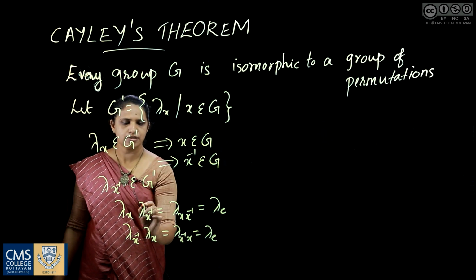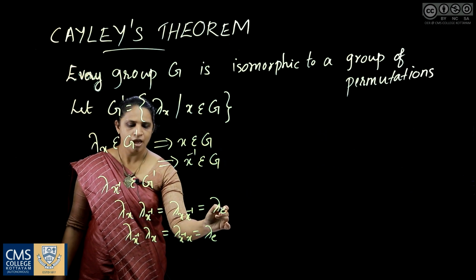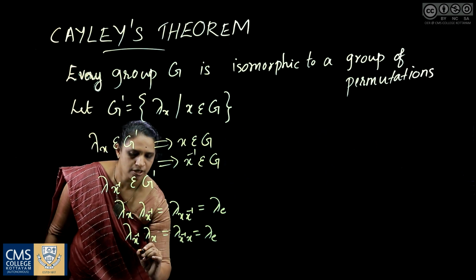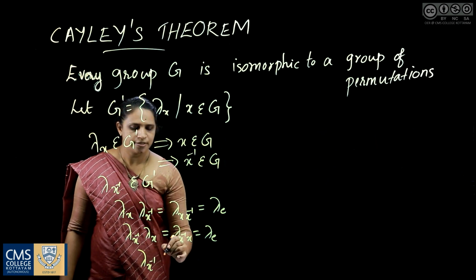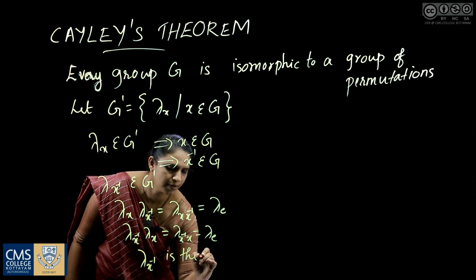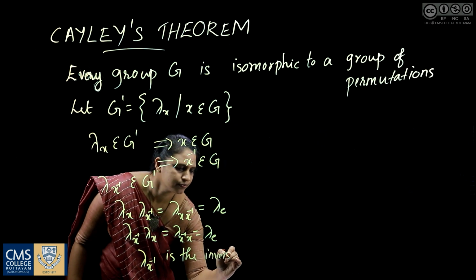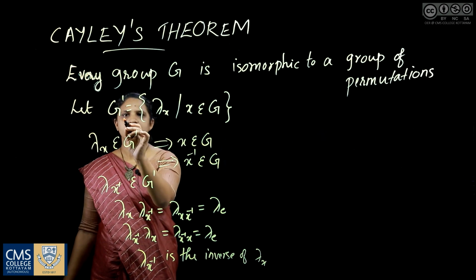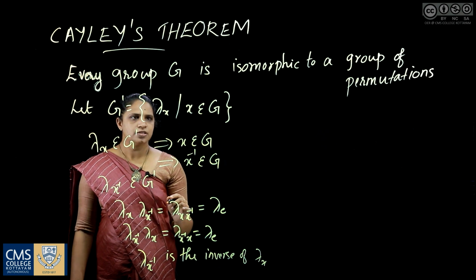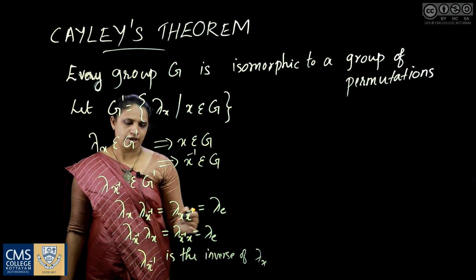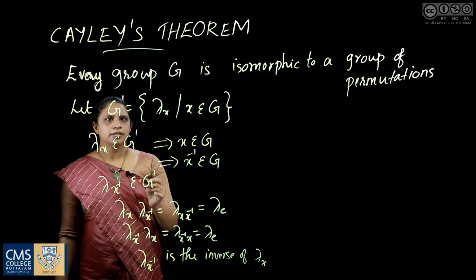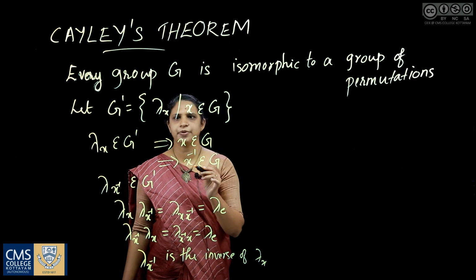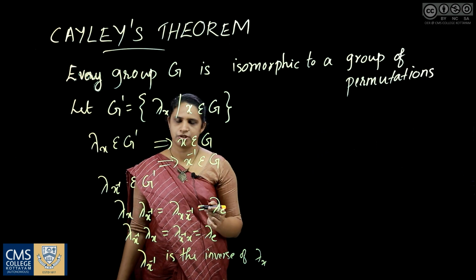So, we have λx into λ x inverse equal to λE, which is equal to λ x inverse into λx. That means the element λ x inverse is the inverse of the element λx. Therefore, for every element in G dash, an inverse element exists in G dash. Therefore, this G dash is a group with permutation multiplication as the group operation.